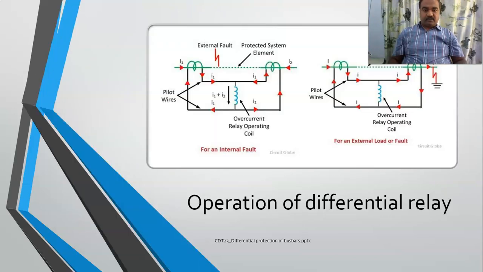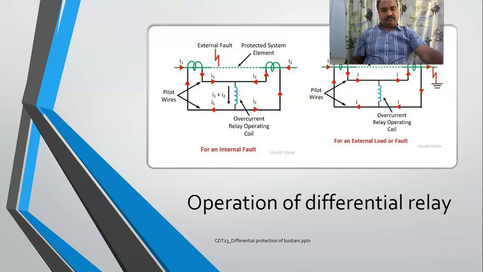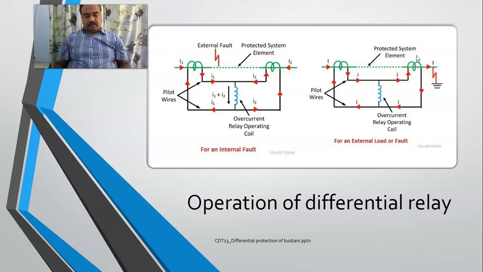First of all, let me show this differential relay. Let us suppose this is a system or an equipment which is to be protected. This dotted line represents the protected system. This is my incoming current I1 and this is my outgoing current I2.